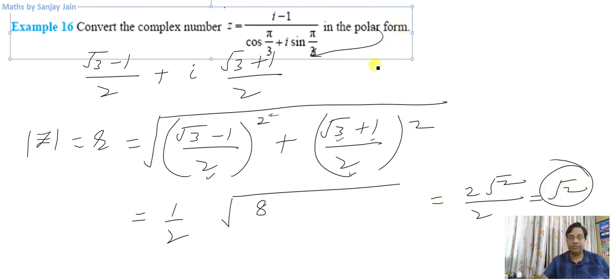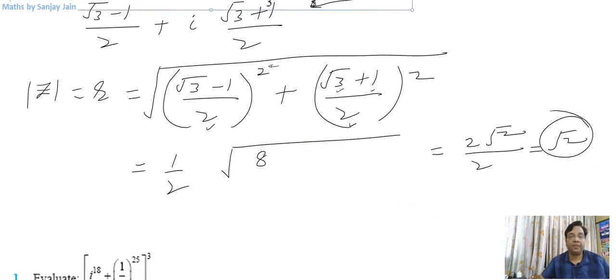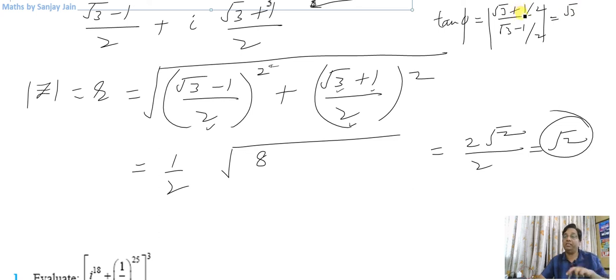Okay, what about the argument? I'll first of all find tan phi, so it will be equal to root 3 plus 1 by 2 divided by root 3 minus 1 by 2, mod. Let me divide the numerator and denominator by root 3, so it will be of the format 1 plus 1 over root 3 in the numerator and 1 minus 1 over root 3 in the denominator.